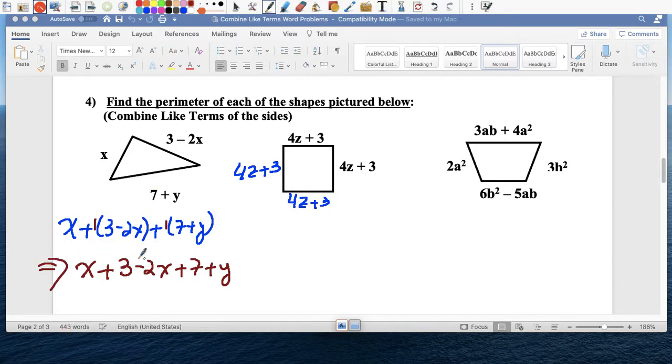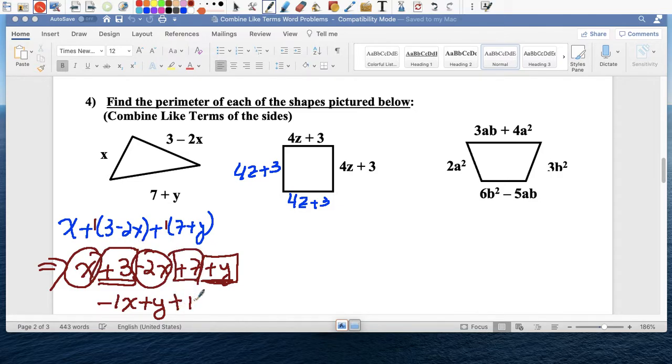So combine like terms, all the x's together. x minus 2x is negative 1x. The y, we put the y all by itself. And then 3 plus 7 is 10. So that's the answer.